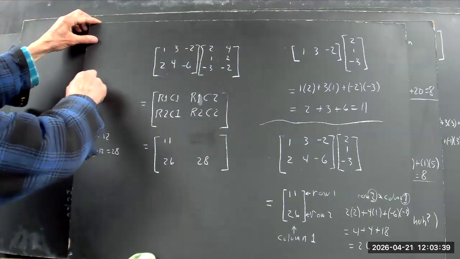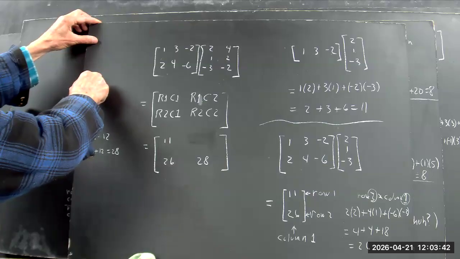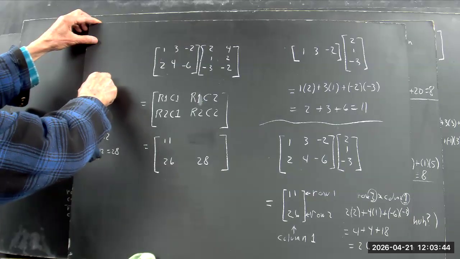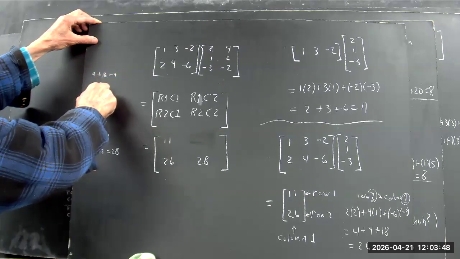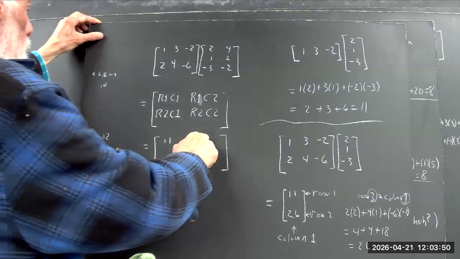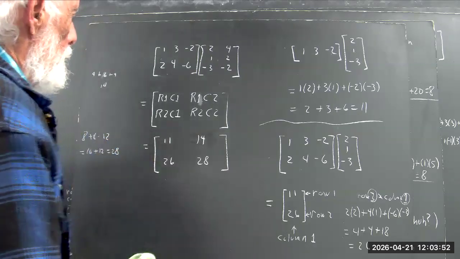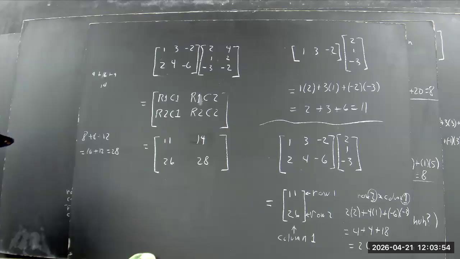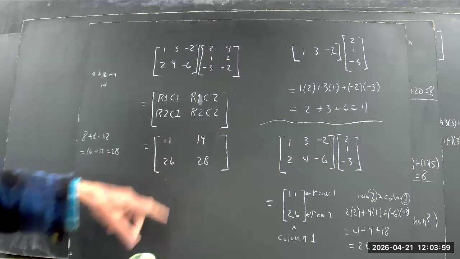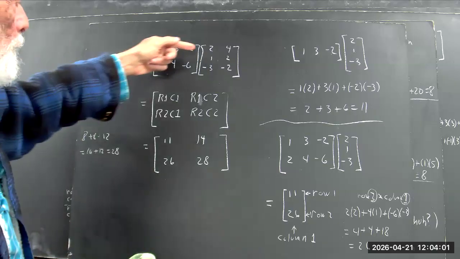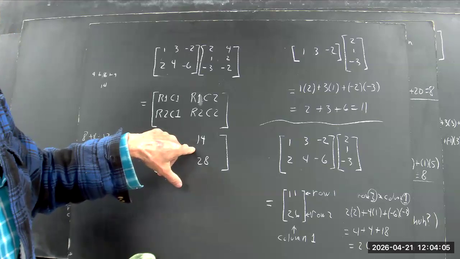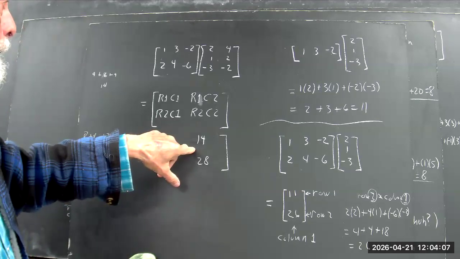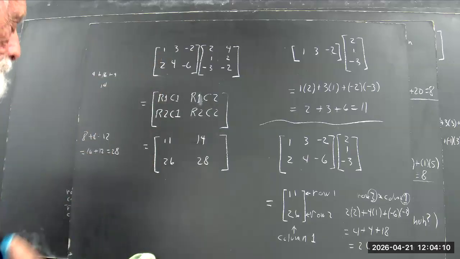That ought to be 4 plus 6 plus 4, which is 14. Well, this is what I get. The point is, multiply the first row by the second column. That number, which I think is 14, goes here. Should be.